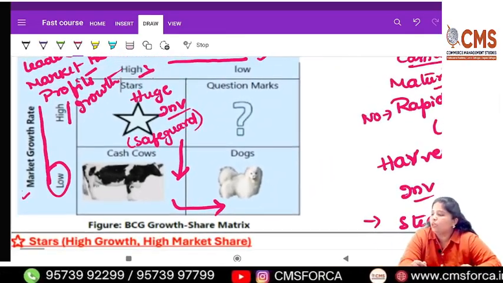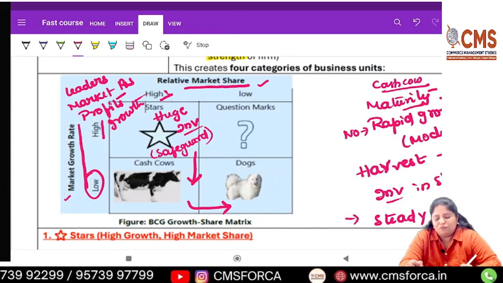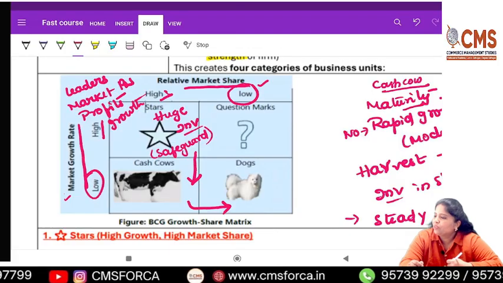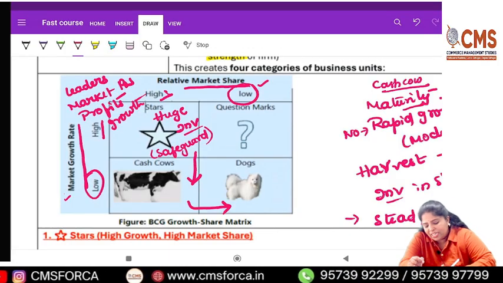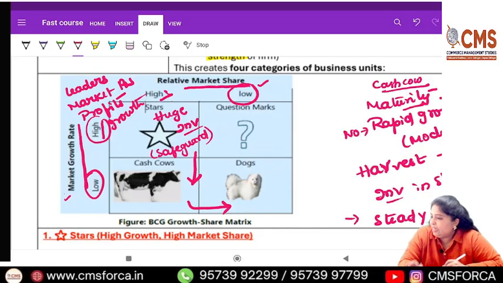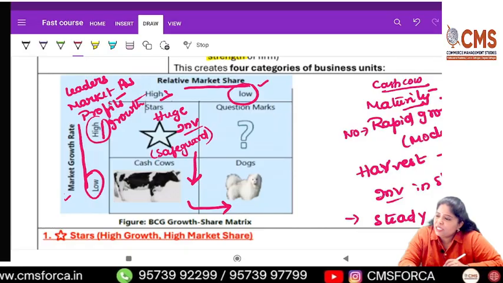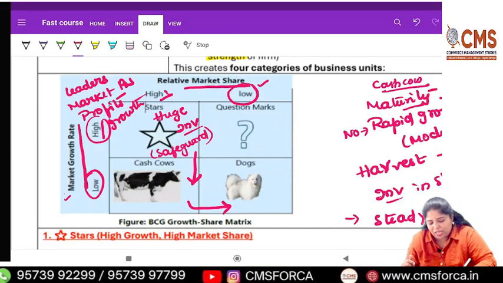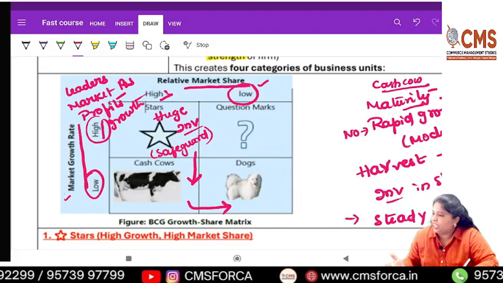Now let's talk about question mark. If you observe the question mark, the market share is low, but market growth rate is high. So there is a growth rate, but the market share is low. So what we need to do is try to increase this market share.